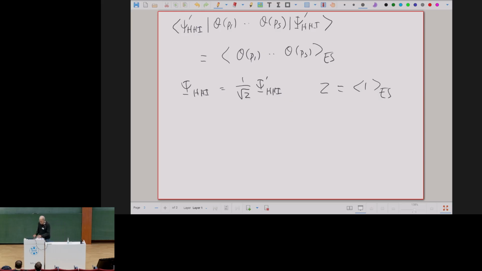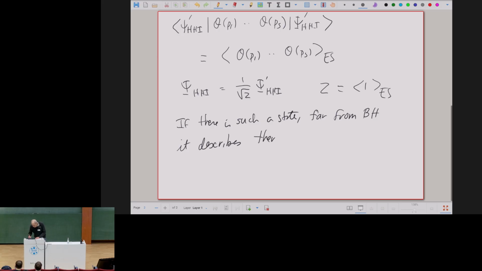Well, if there is such a state, then far from the black hole, it describes thermal equilibrium of radiation, which in pure gravity would just mean gravitational waves, but maybe we have photons as well, at the Hawking temperature.